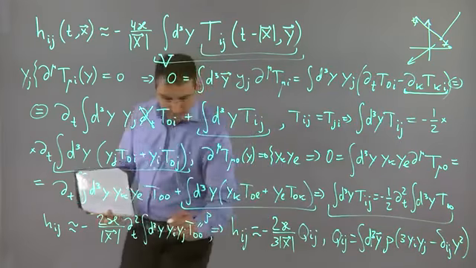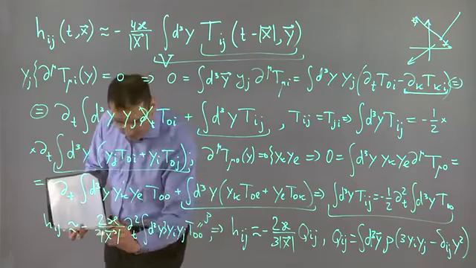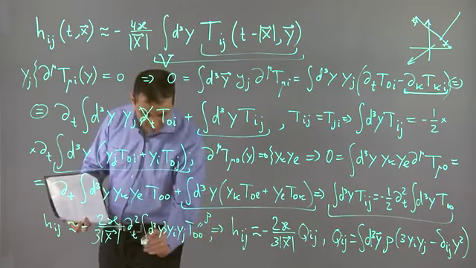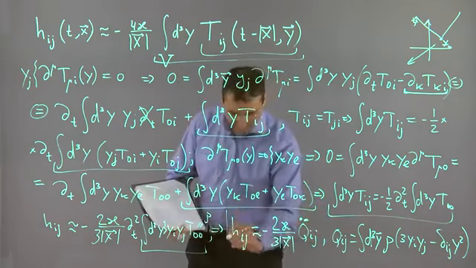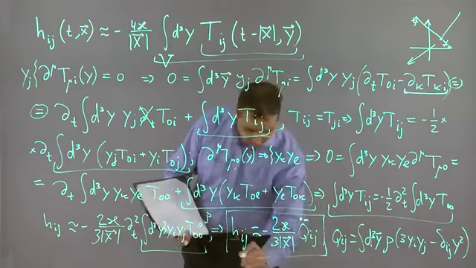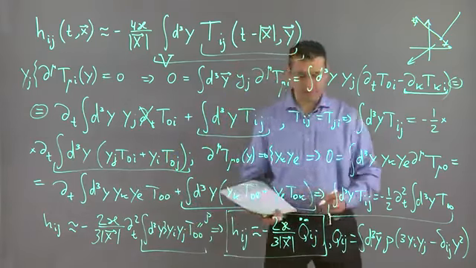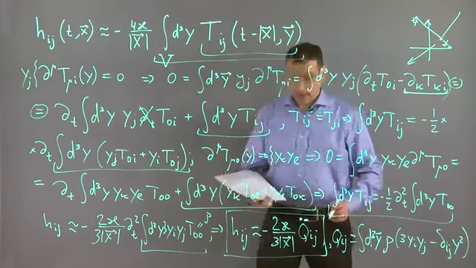Basically, we multiplied this by 3, divided by 3, and then subtracted from this expression its trace part. So here is a double derivative. So this is the final expression that we get.